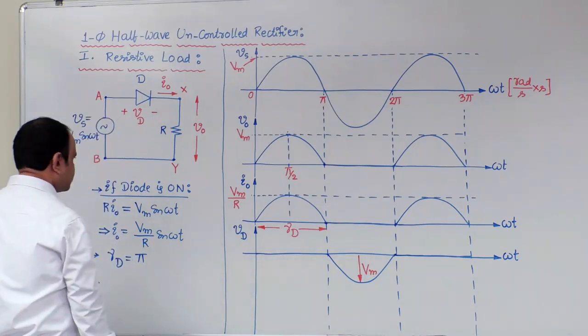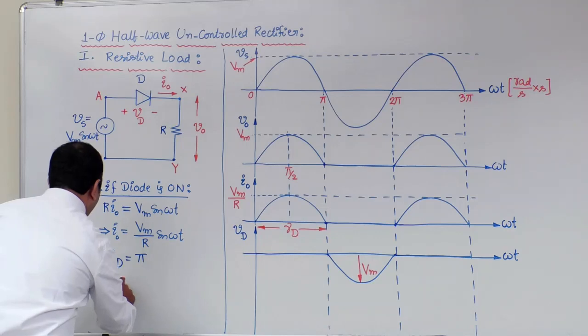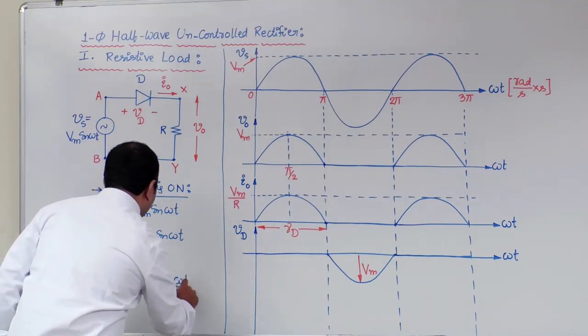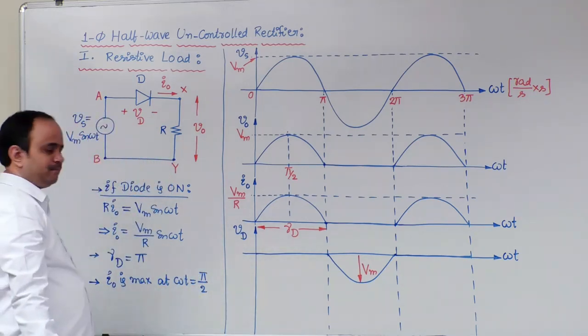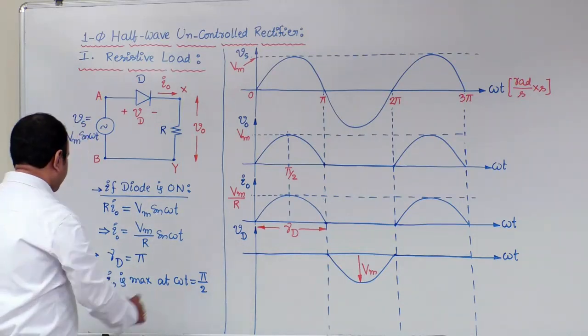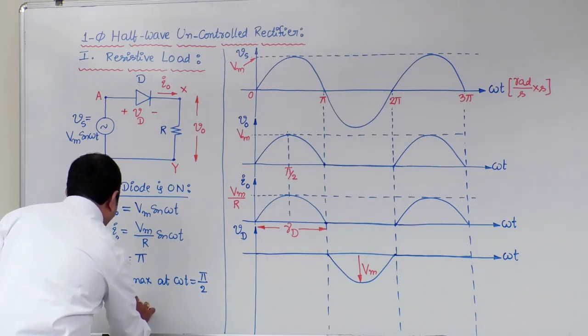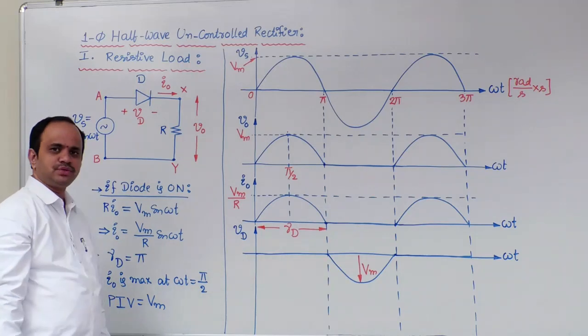Okay. Next, from this waveform, one more observation is I naught is maximum at omega t equal to pi by 2. A third observation is peak inverse voltage is equal to the peak value of the source voltage.